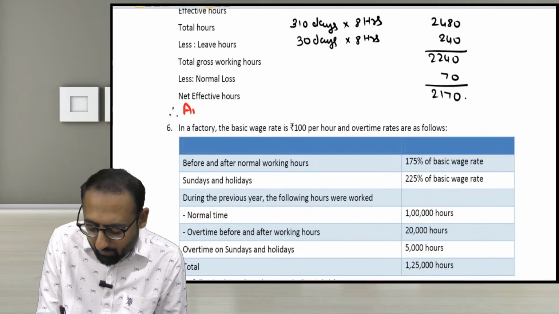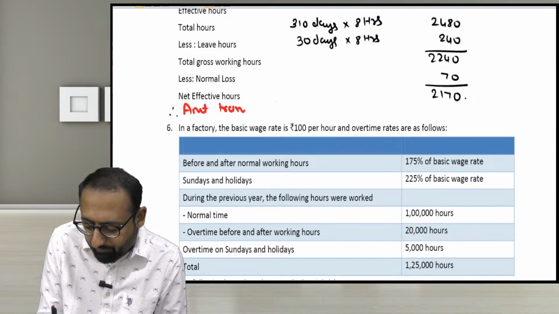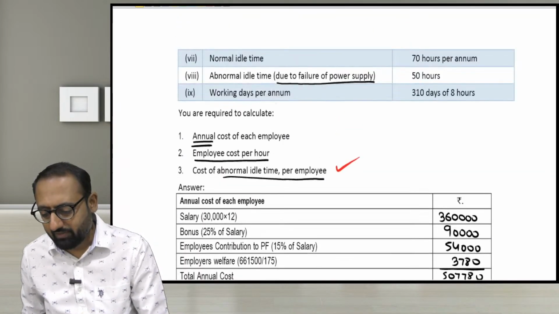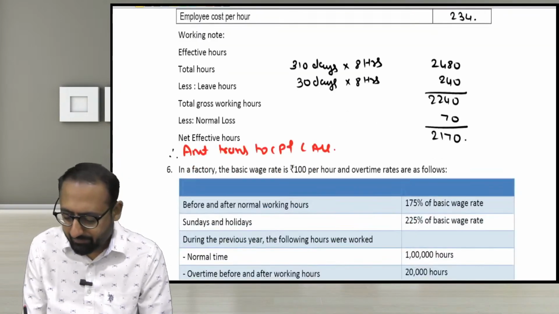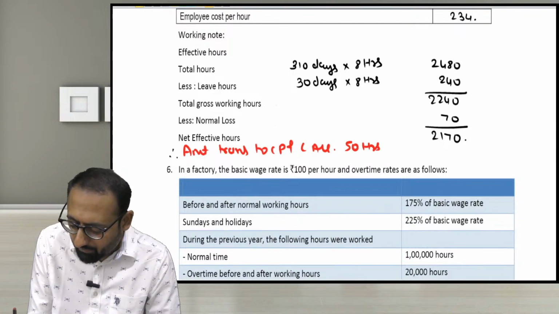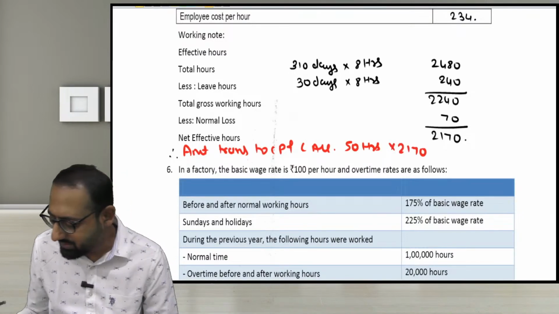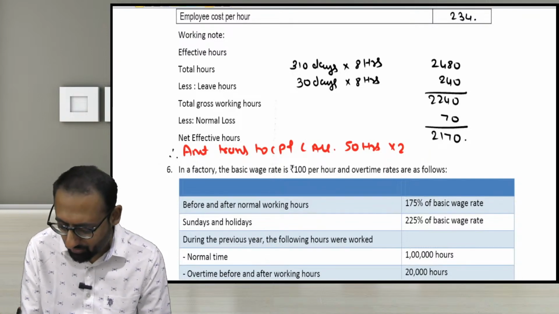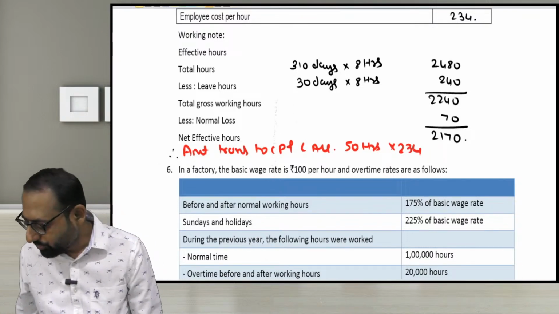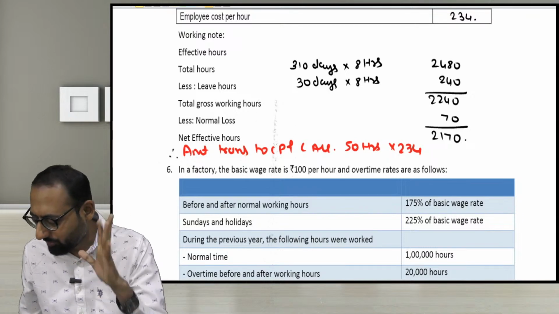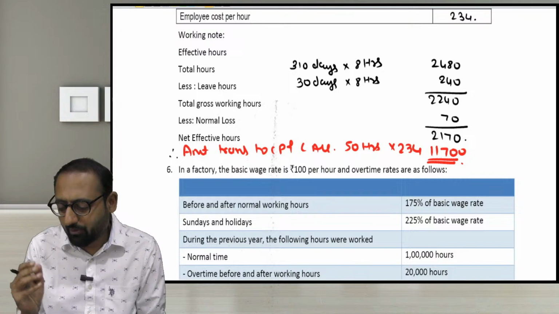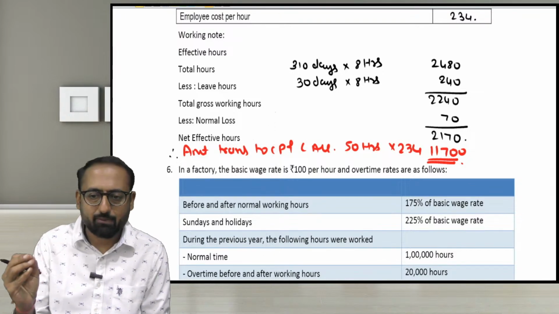Therefore, the amount transferred to costing profit and loss account will be 50 hours multiplied by 234, extremely sorry, not 2170, 234. So 234 is the rate, 50 hours is your abnormal idle time, and 11,700 will be transferred to costing profit and loss account because of the abnormal idle time.